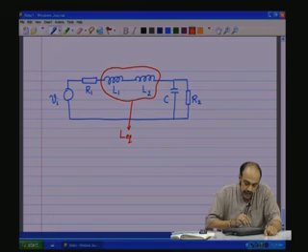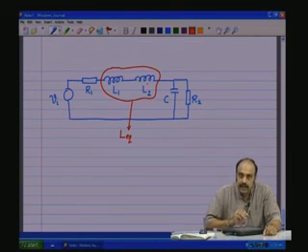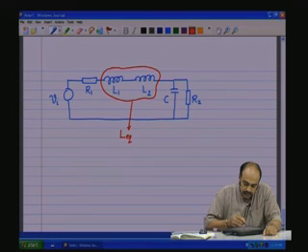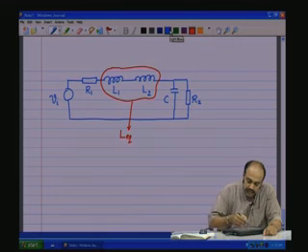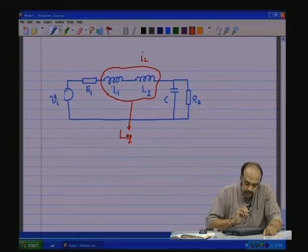In this case, as they are all in a loop, the current through L1 and the current through L2 are the same. So, only one of them can act as a state variable. Which means there will be one single IL, either by taking it as equivalent inductance or as the state variable corresponding to L2 or L1, and the other state variable will be Vc.